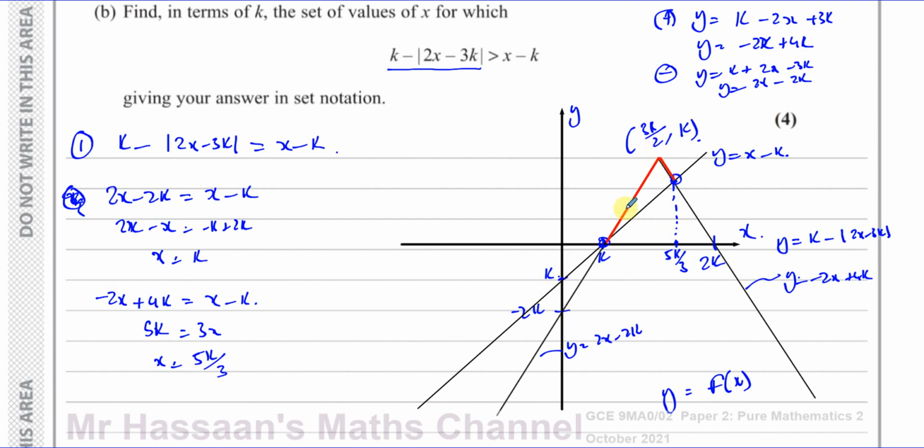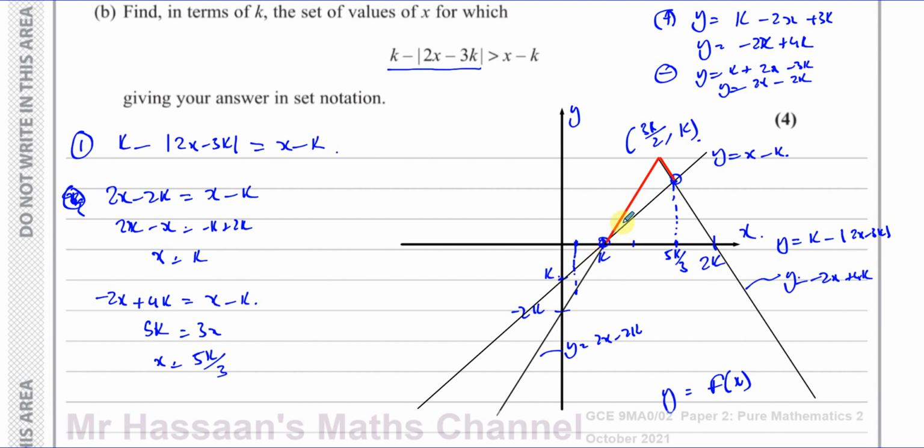If you find a value of x in this region, the value on the normal graph is lower than the value on the modulus graph. But if you choose a value of x over here, then the value of the modulus graph is less than the one on the normal graph.